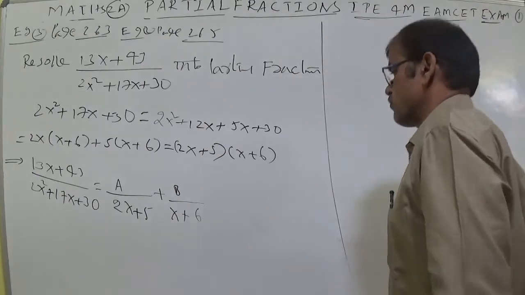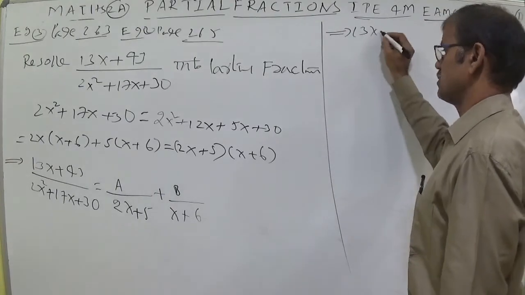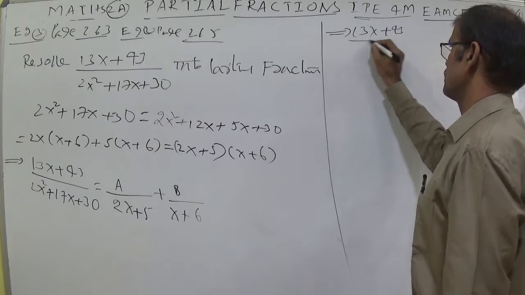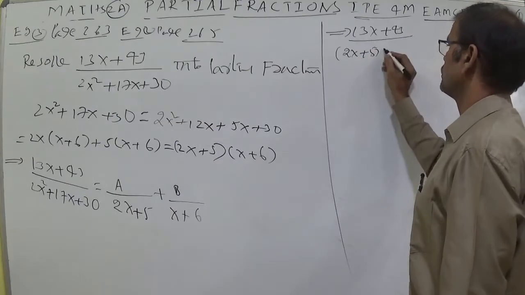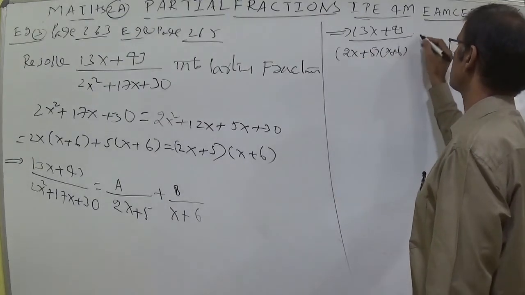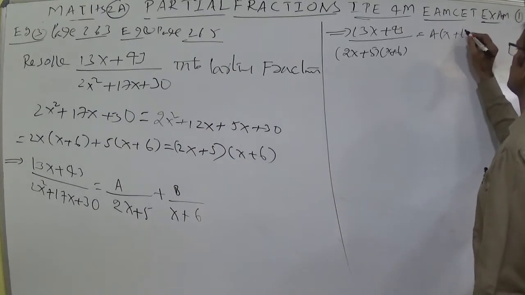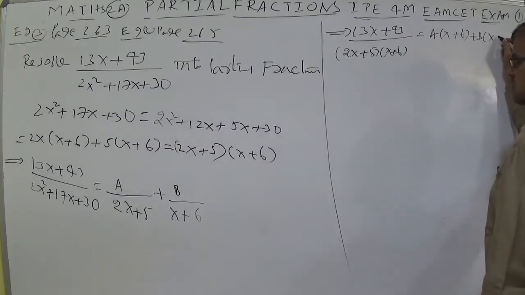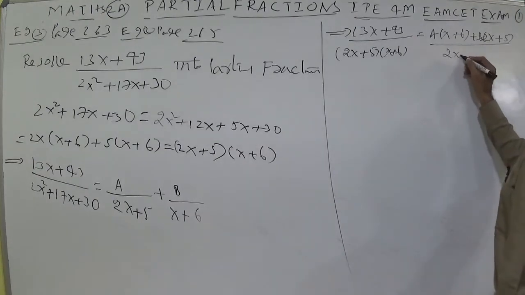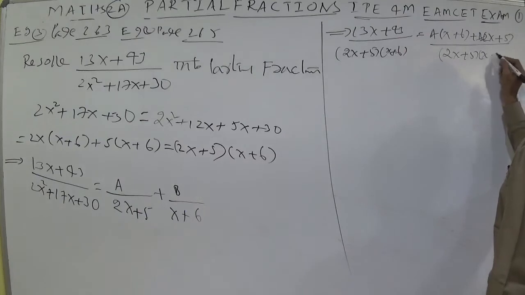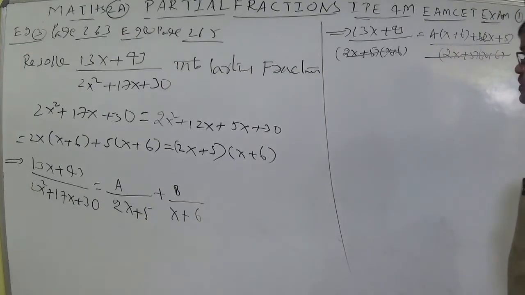So 13x plus 43 whole by 2x plus 5 into x plus 6 is equal to, by taking LCM, A into x plus 6 plus B into 2x plus 5, whole by the denominator LCM 2x plus 5 into x plus 6. Both sides' denominators get cancelled.